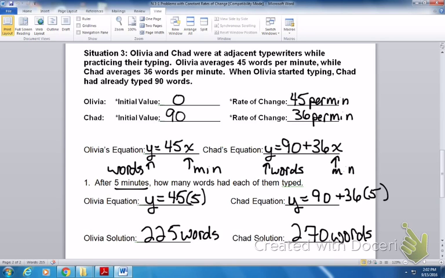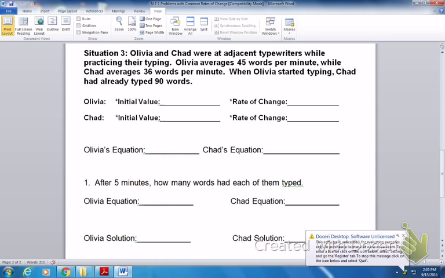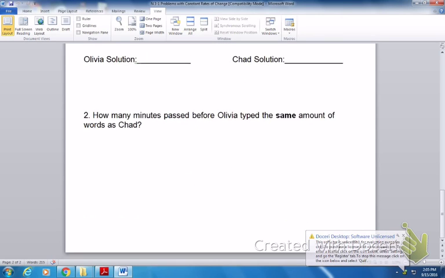Now, you don't have to write these in this particular order. This 90 plus 36x is the same as 36x plus 90. So I don't want you to be concerned about addition, because order does not really matter. It might help you out a little bit to write it the other way, because that's probably the way you've seen it before.